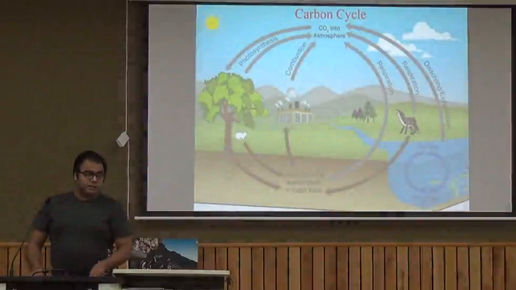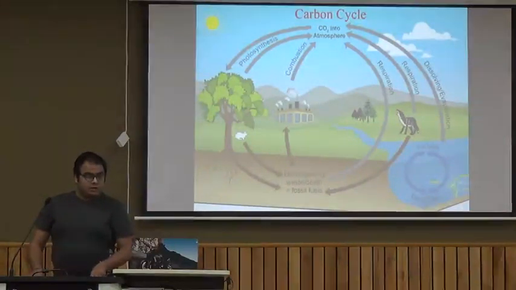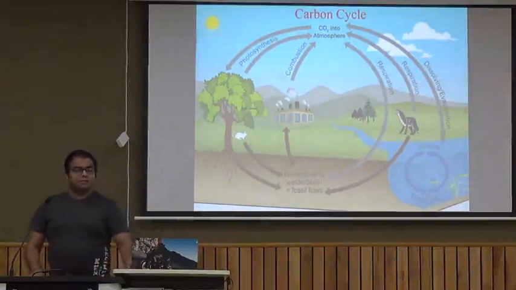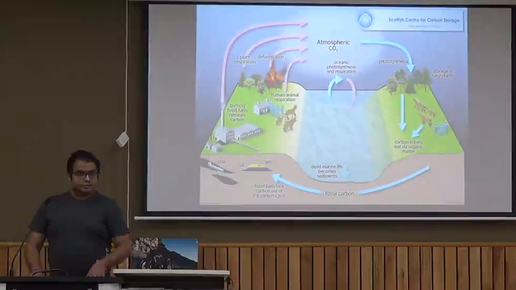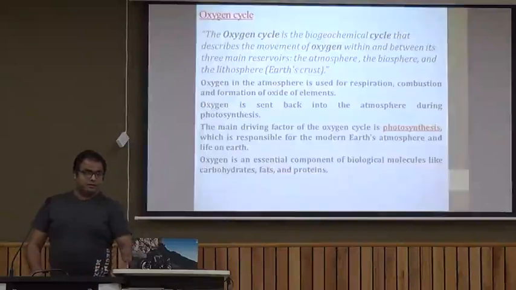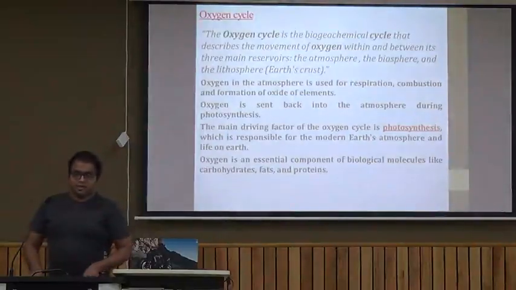We can all see the processes like respiration, evaporation, combustion, photosynthesis, etc., which are involved in the carbon cycle. This is one more cycle that shows the involvement of organic life forms, plants and animals, in the carbon cycle. Now, the oxygen cycle.